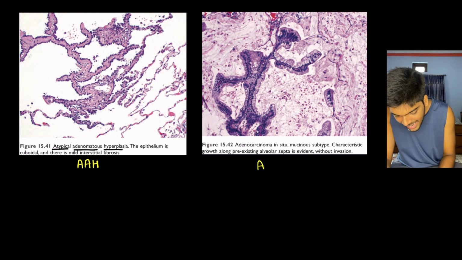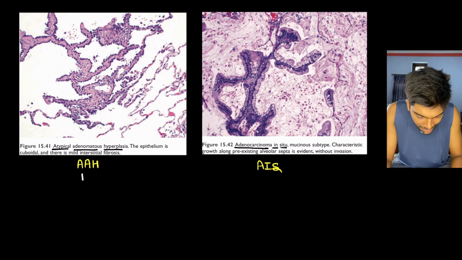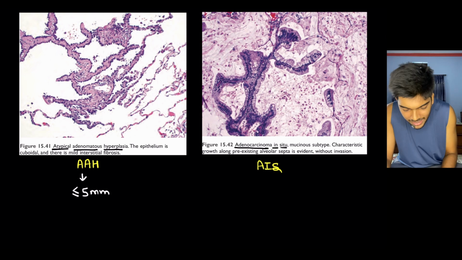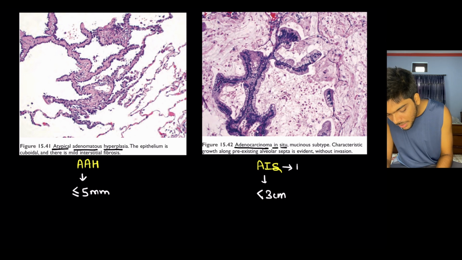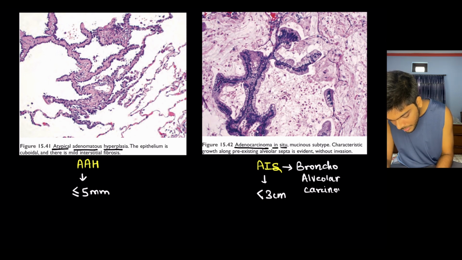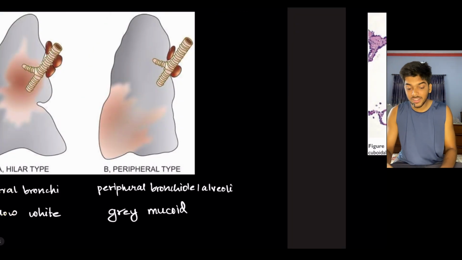Second is AIS, adenocarcinoma in situ. AAH is less than or equal to 5 millimeter in size and AIS is less than 3 centimeter in size. Adenocarcinoma in situ is also referred to as BAC or bronchoalveolar carcinoma.